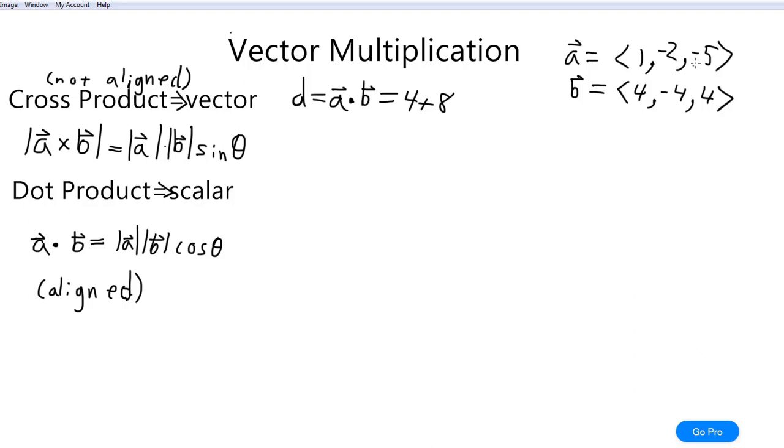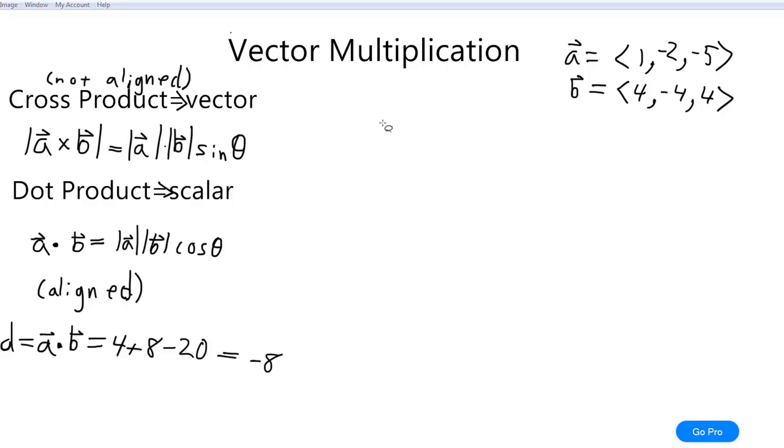And then we have negative 5 times 4, so that's going to be minus 20. So this is going to be 12 right here. 12 minus 20 gives us negative 8. I just moved that over to here.